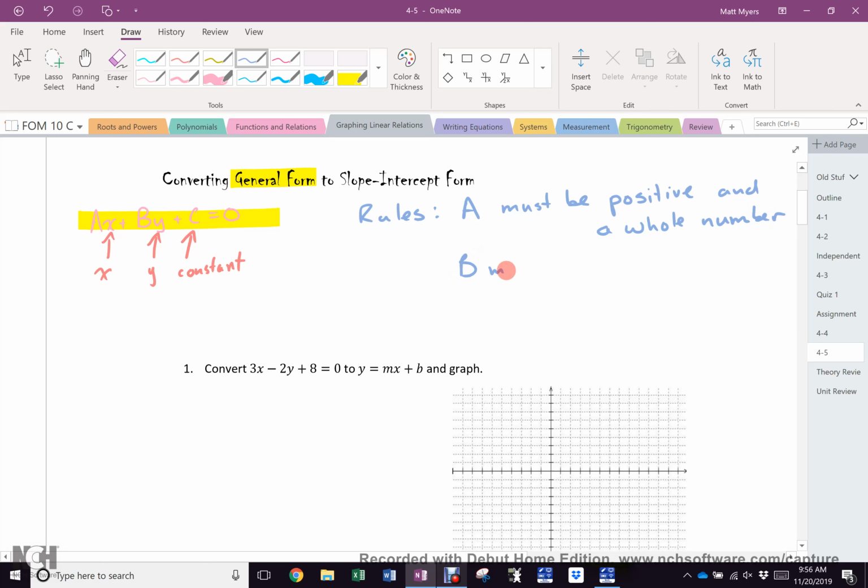B must be a whole number. All right? Only whole number. It can be negative. C must be a whole number. Again, it can be positive or negative. Everybody cool? Those are the only rules.